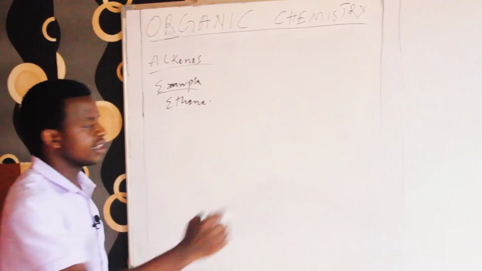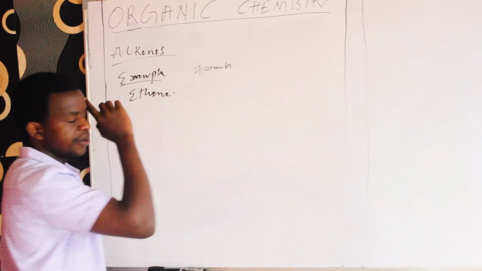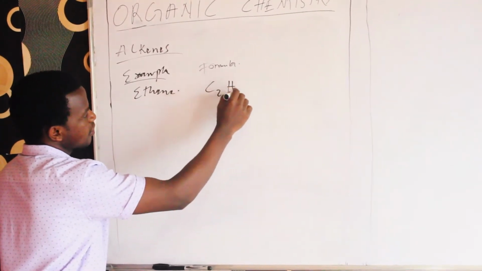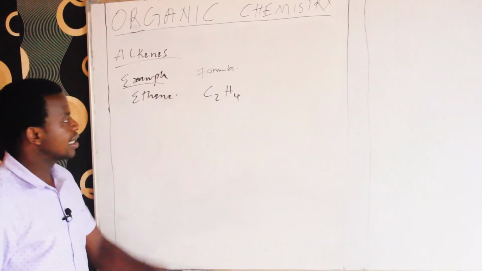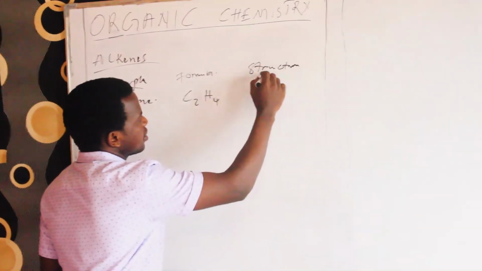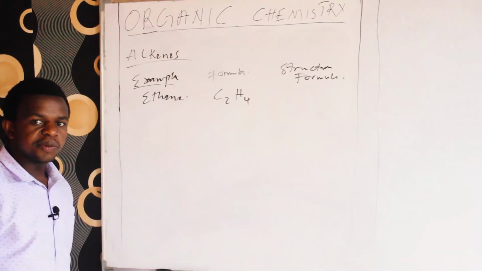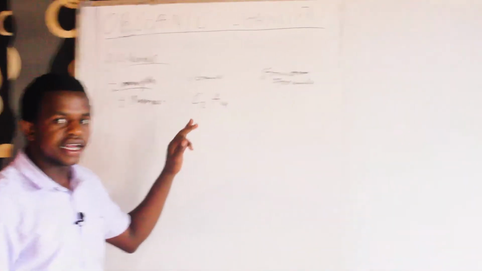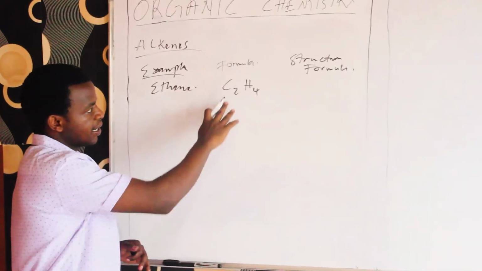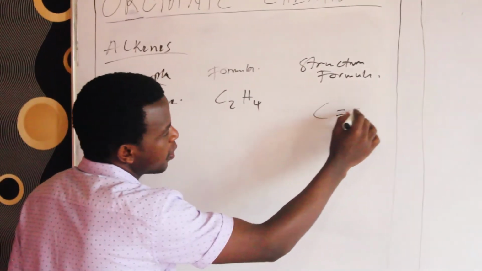And the formula of ethene here is C2H4. And let us write the structure formula. For the structure formula, I said that each carbon atom must be connected to 4 bonds. But the alkenes are made up of double bond.